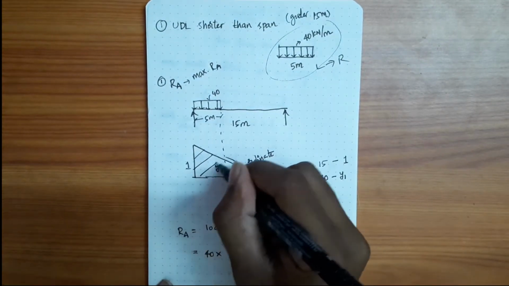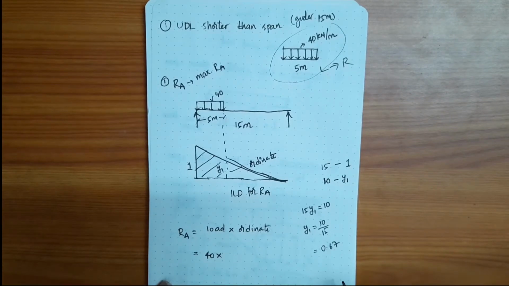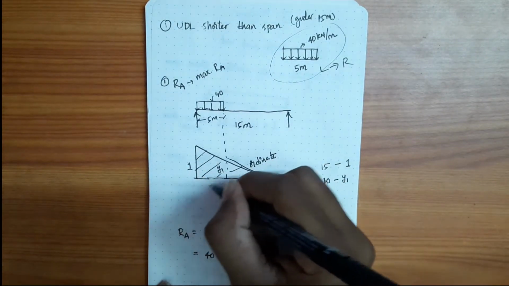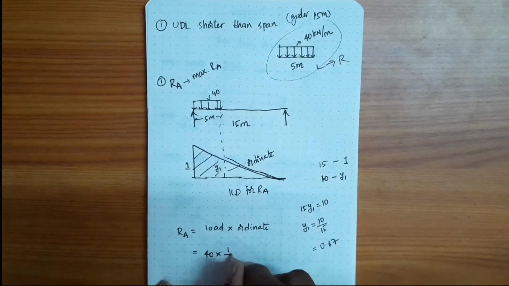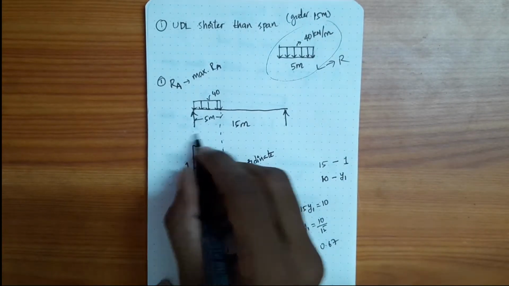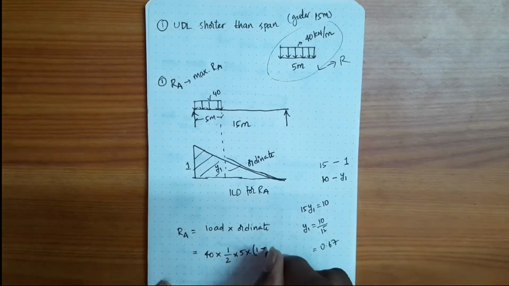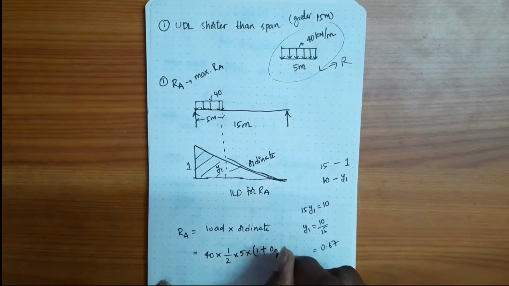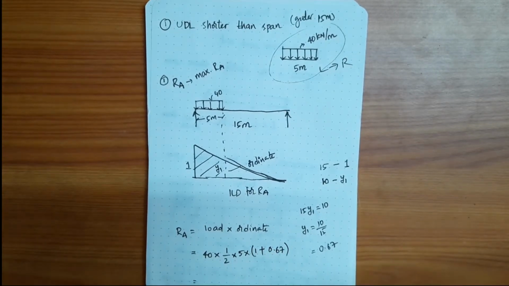Since this is a UDL, the entire shaded portion must be taken as ordinate. Hence, we'll be taking the area of this shaded portion. So, since this is a trapezium, half h means base into a plus b, 0.67.